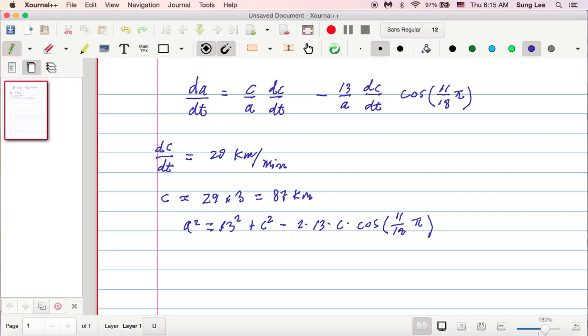We numbered this equation, so that was equation number 2.